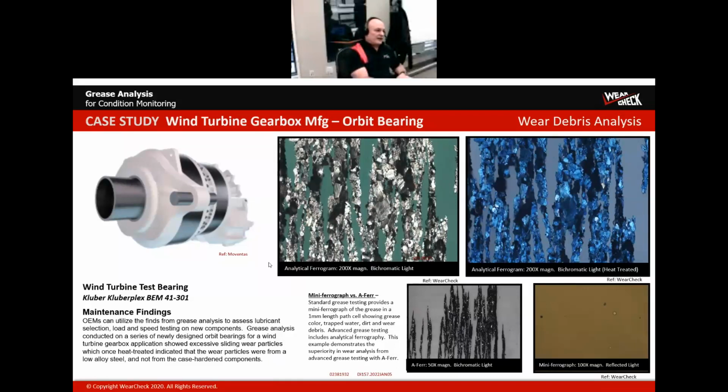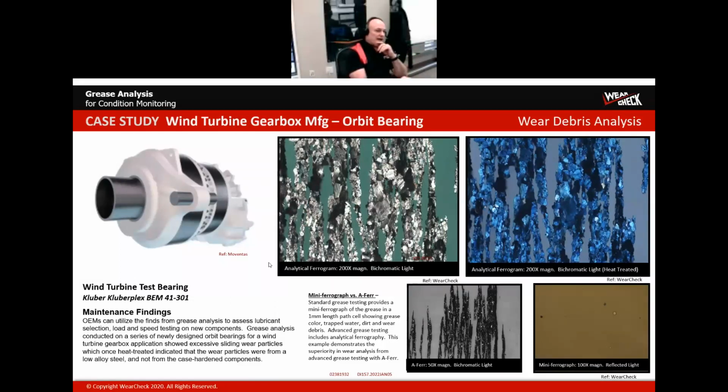What they were doing was testing various loads, speeds, and greases, and sending us samples. What I thought was nice is a lot of these were fairly straightforward, but obviously under whatever load, speed and condition they put this bearing under, it generated very excessive, not only laminar wear particles, which are an indication of rolling fatigue, but sliding wear particles as well.